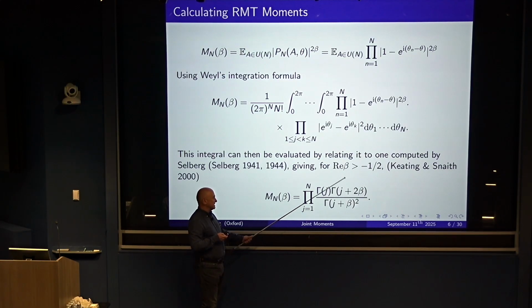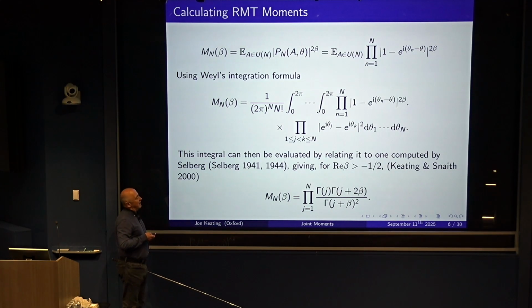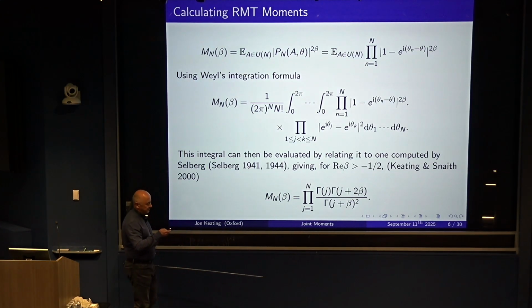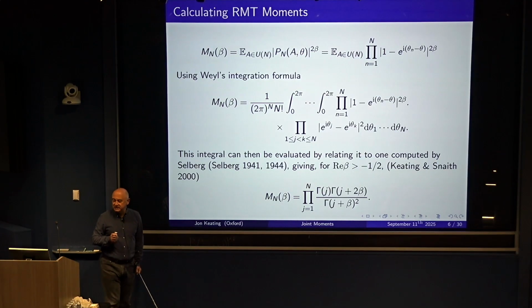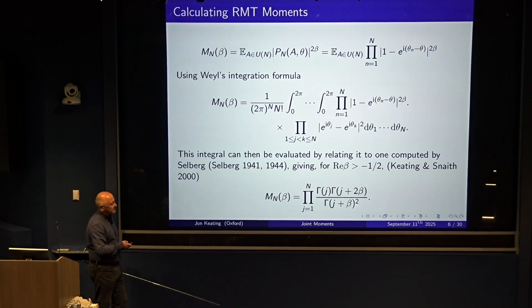It can be a complex number, provided the real part of beta is greater than minus a half. And it's an exact formula. It's not an asymptotic formula. N here is a parameter, the size of the matrices. So we have this very simple formula for the moments. This is going to be important, that it is a simple formula, because I'm going to go to a case a little later where we wish we had such a simple formula, and I'll tell you the answer is more complicated.